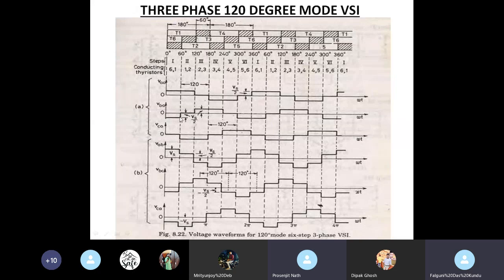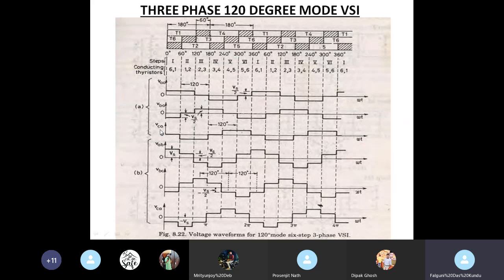That's why this is negative Vs by 2. Okay. So from 60 to 120, there is no conduction. So this is 0. And after that, 120 to 240, there is a positive Vs by 2. Okay. After that, it continues its process.